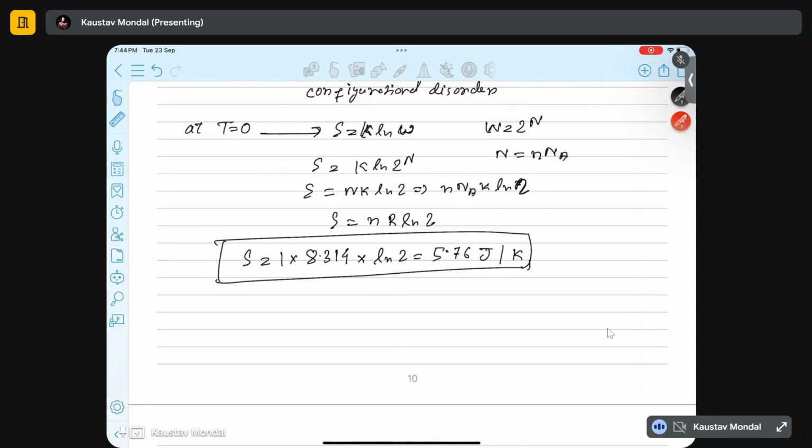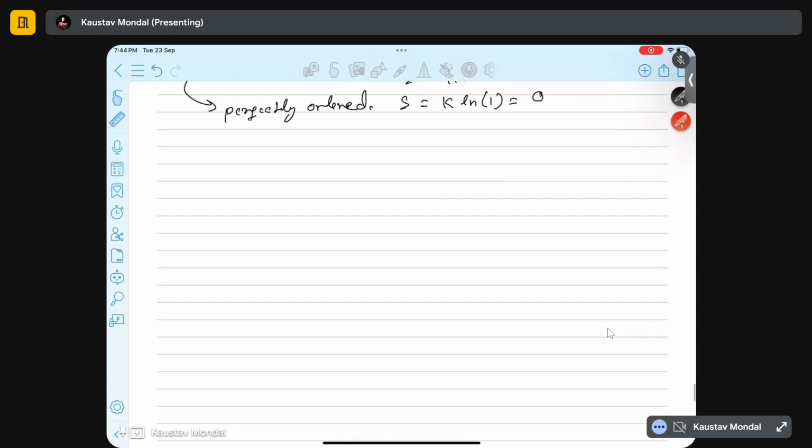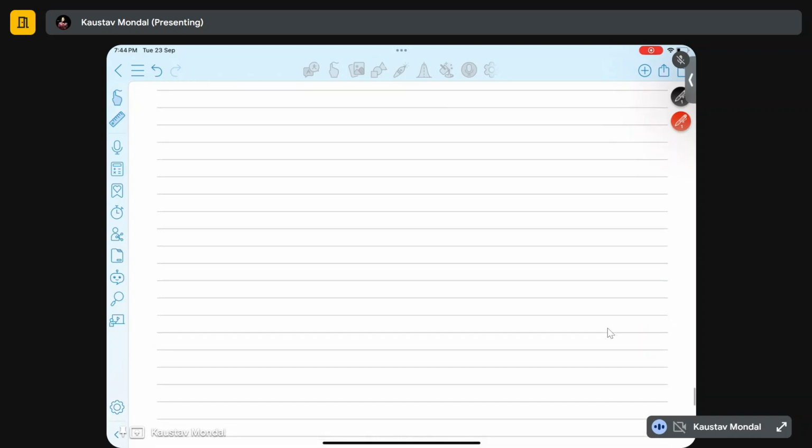Now, the next thing that we'll be discussing is the Gibbs free energy and its relation with the equilibrium gas constant K. How this equilibrium constant K is related with the partition function. Okay, so let me write it.